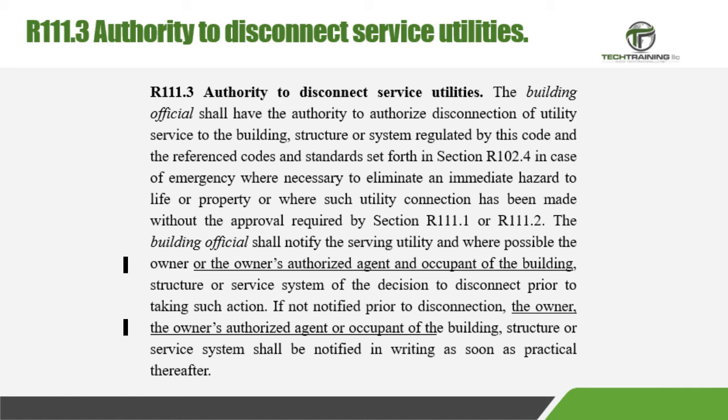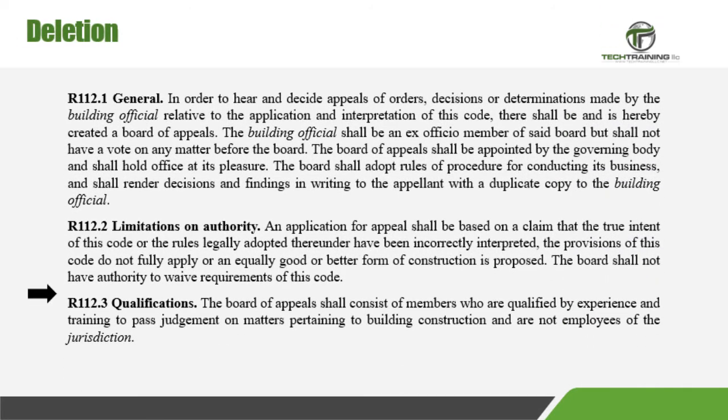Here again, we see the technical changes regarding the authorized agent verbiage. Here we see our first deletion. This deletion follows R112.1 General. Once again, the arrow indicates the item that was previously listed here has been deleted from this code.